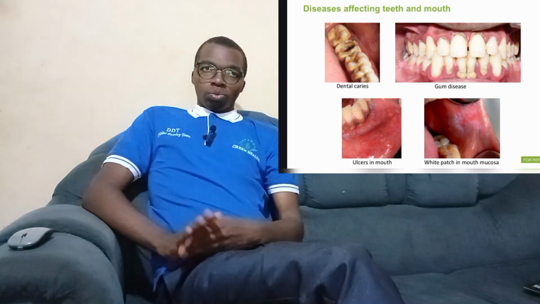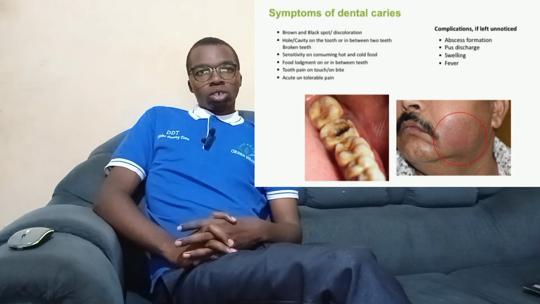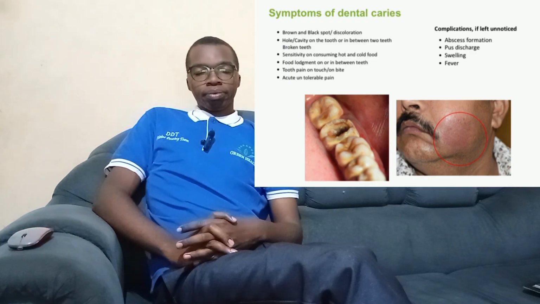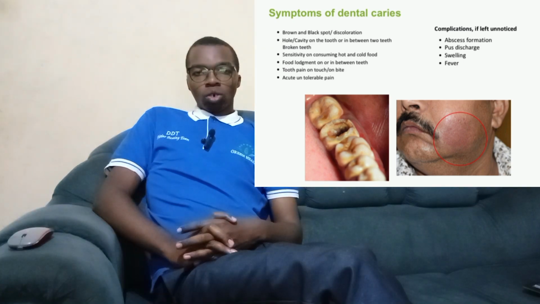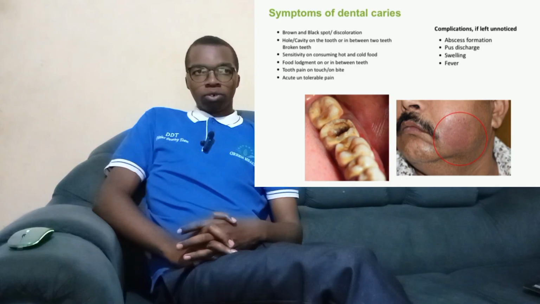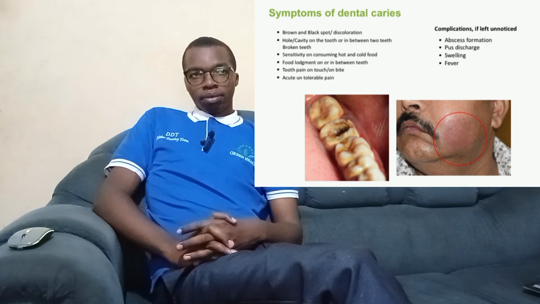What are the symptoms of dental caries and the complications? Symptoms of dental caries: we have brown and black spot, that is discoloration. We have hole or cavity on the tooth or in between two teeth, broken teeth. We have sensitivity on consuming hot and cold food, and also food lodgement on or in between teeth.